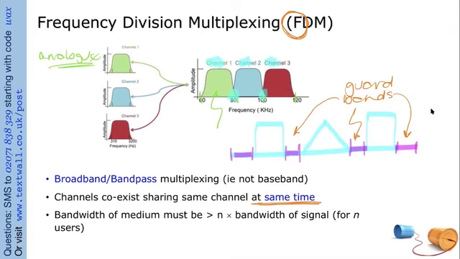So think of it like a radio station. When you tune into one radio station, all the other radio stations are still broadcasting. When you're watching one television channel, all the other television channels are still broadcasting at the same time, but they each have a different frequency channel. They're all talking at different frequencies.